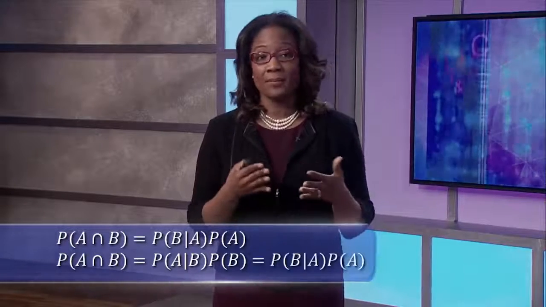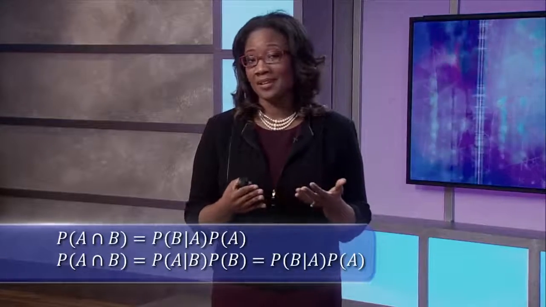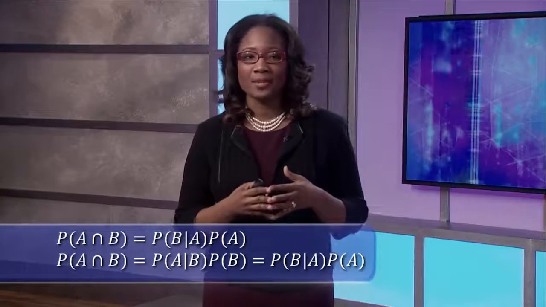Probability of A intersect B is P of B given A times P of A. We could set these 2 equations equal to each other to get P of A given B times P of B equals P of B given A times P of A. All right, now at first sight, it might not seem very useful. In fact, it seems pretty circular that we've just rewritten the probability of A and B and probability of B and A and set them equal to each other.